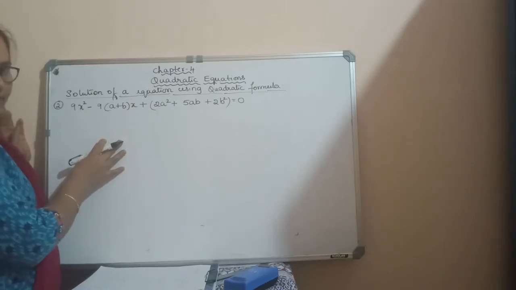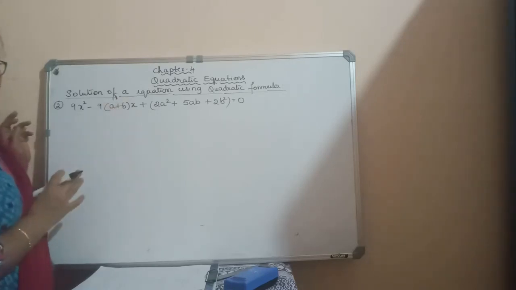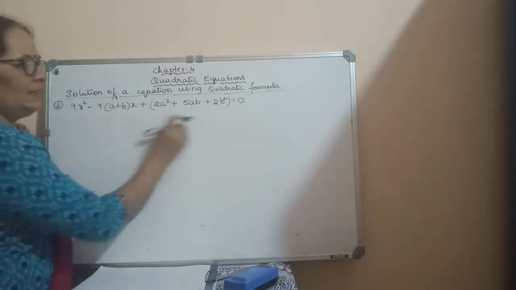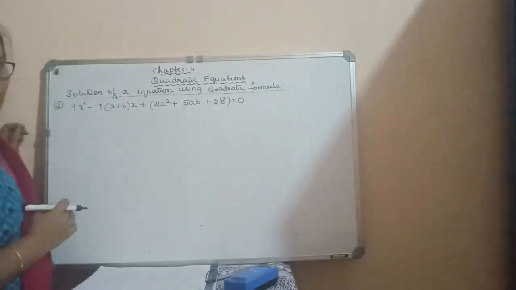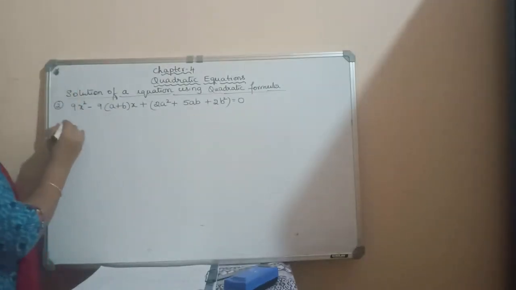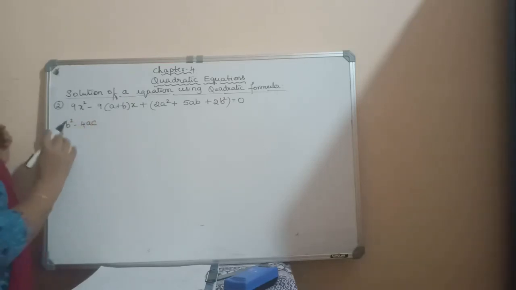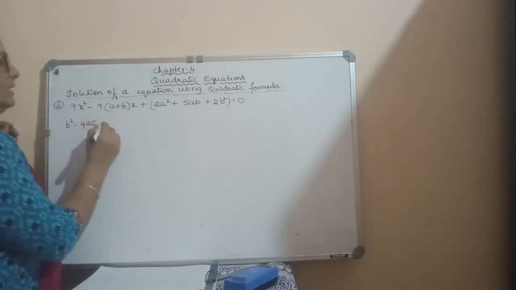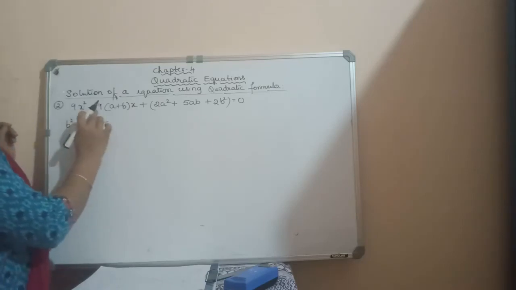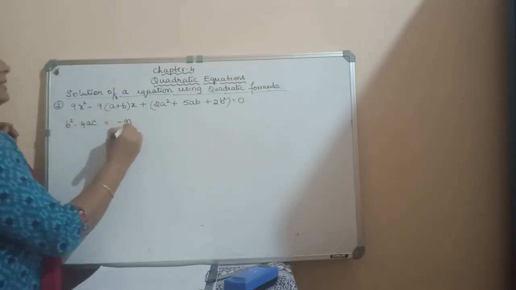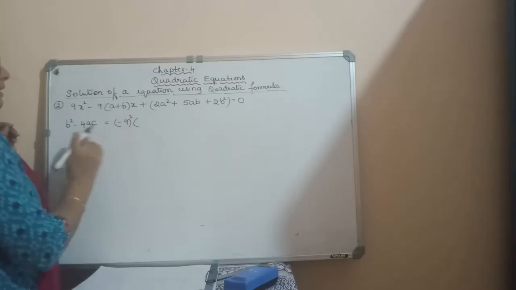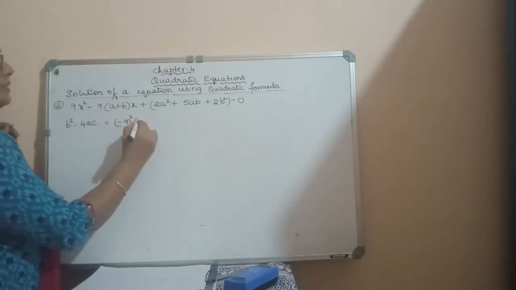The equation is lengthy, so we will find it part by part. First I will find b square minus 4ac. So what is b square minus 4ac here? Here b is minus 9, so minus 9 whole square, then a plus b whole square.